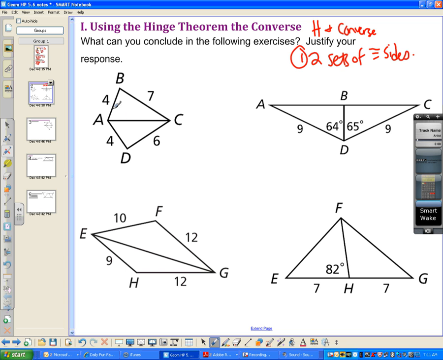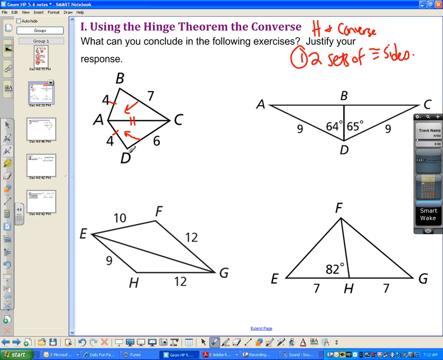Okay, well, I have AB is congruent to AD, and I have, by the reflexive property, AC is congruent to itself. So I can use either the hinge theorem or its converse. This one tells me about side lengths, so that means I can talk about the angles.